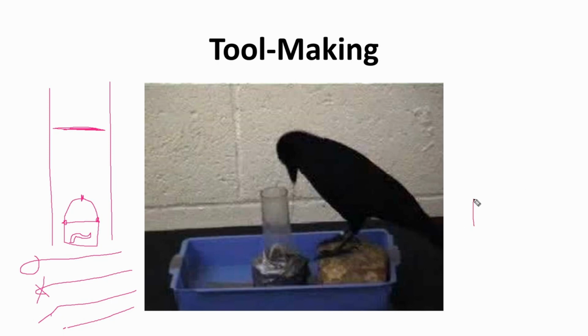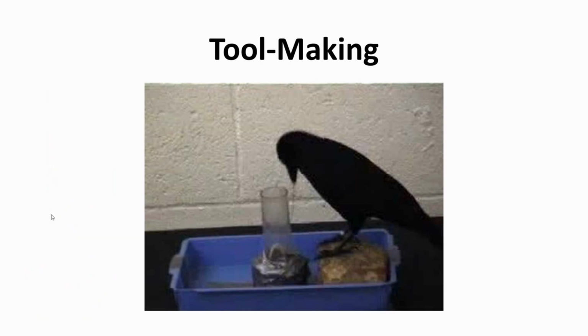So stuck it in, twisted it over, formed a hook of her own, and then proceeded to get the food out of the container, which they took as, okay, well, there's that intentionality, there's knowing what the correct tool is for the situation, and then creating it to use it to retrieve the food from the apparatus.